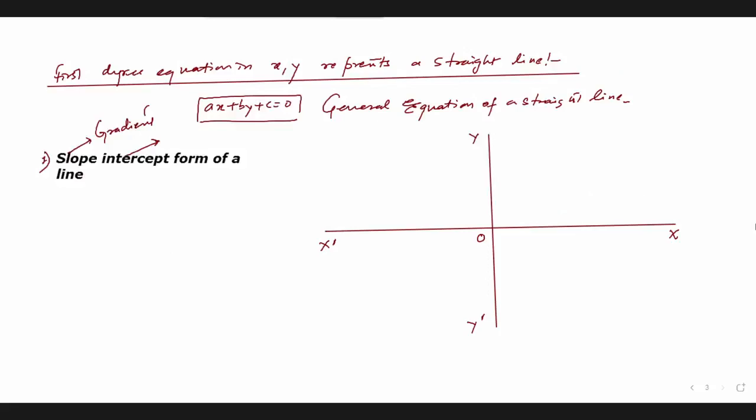Let us take one line. Suppose I am taking this line. This line is cutting the y-axis at point Q and making an angle of theta.